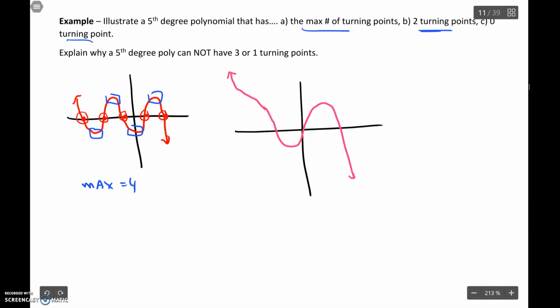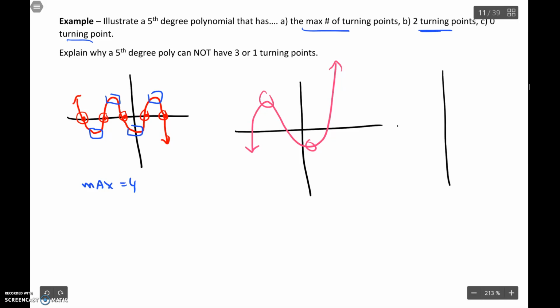So I did a little weird thing here. Sometimes whenever you have imaginary zeros and things, we're gonna get into this a little bit later, you can cause some weird curvature and stuff like that. But you know what? We don't have to do any of that. Just make 2 turning points. Boom, boom. This could be a 5th degree polynomial with 2 turning points.